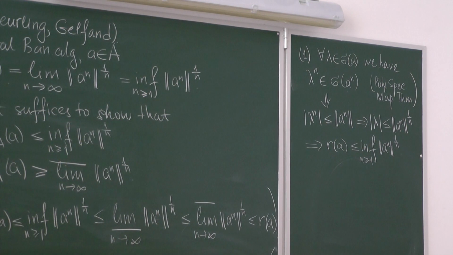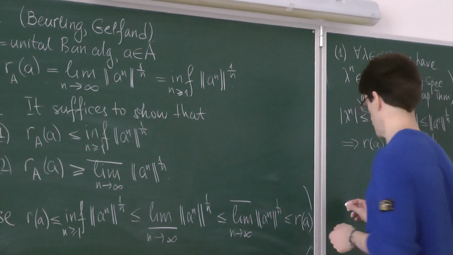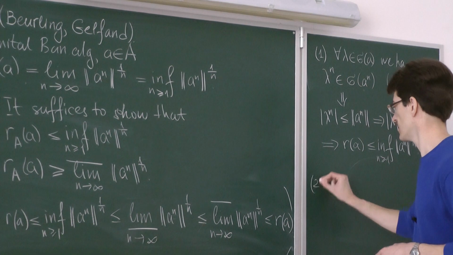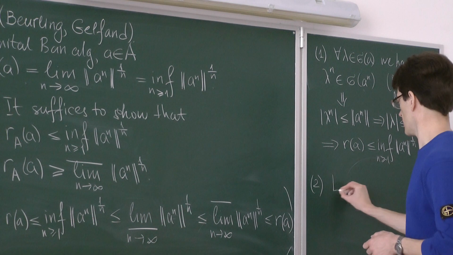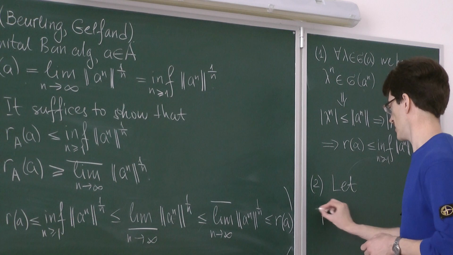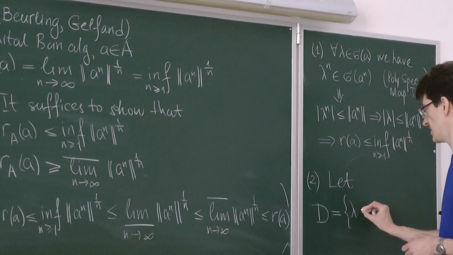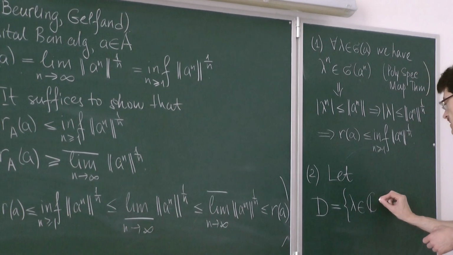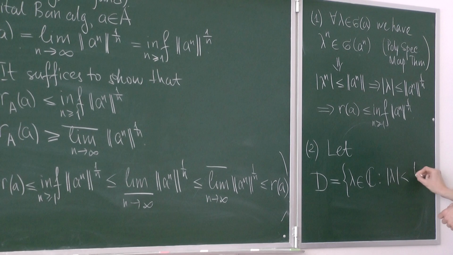Let's now prove inequality 2. This is slightly more involved and more interesting. To prove inequality 2, we consider the following disk. We let D denote the open disk in the complex plane of radius 1 over the spectral radius.